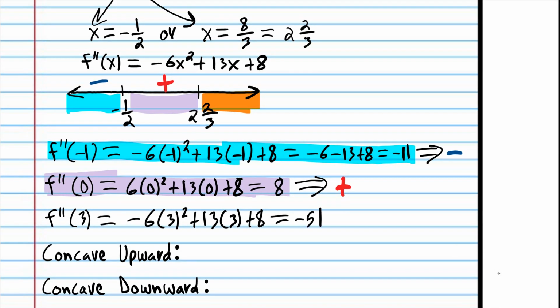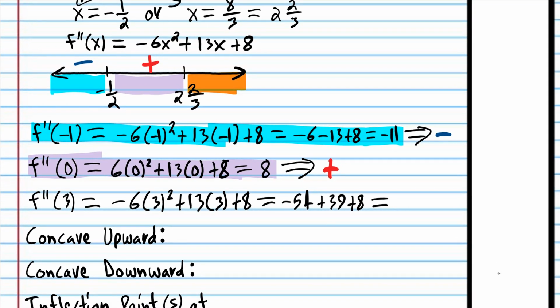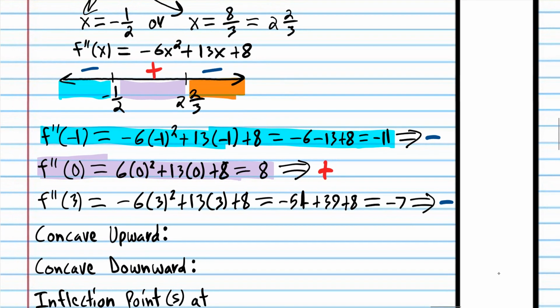Looks like we get -54 plus 39 plus 8, and that's equal to, looks like -7. So obviously that is negative. And let's just double check that. Everything looks right.